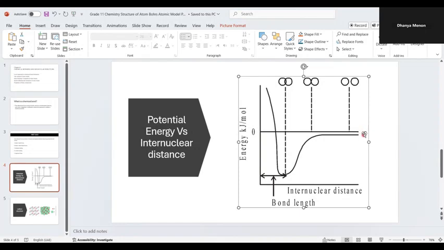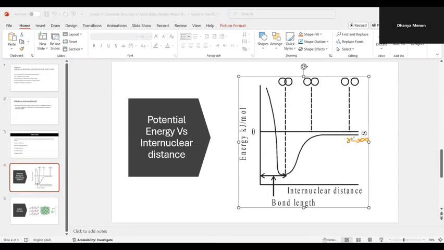Now, in this case, this is the distance r. This is at infinity. For an atom, infinity is not too much of a distance because the atom is very, very small. Here r tends to infinity.